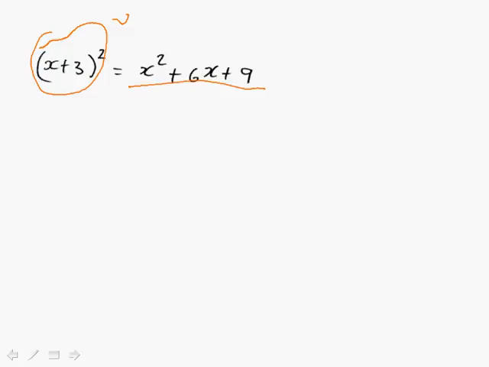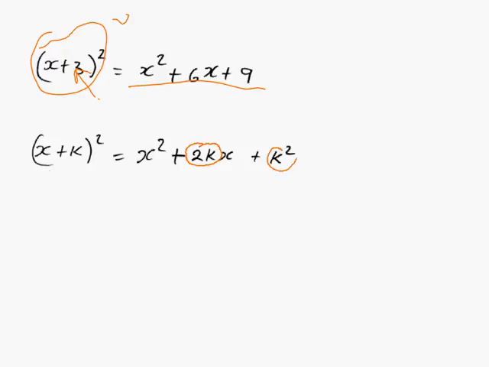Now the same thing, if I replace this 3 with another variable, for example k, you will have this expansion. Now all I want you to do is pay attention to this. There is a unique relationship between this 2k and this k squared, just like there is a unique relationship between this 6 and this 9.